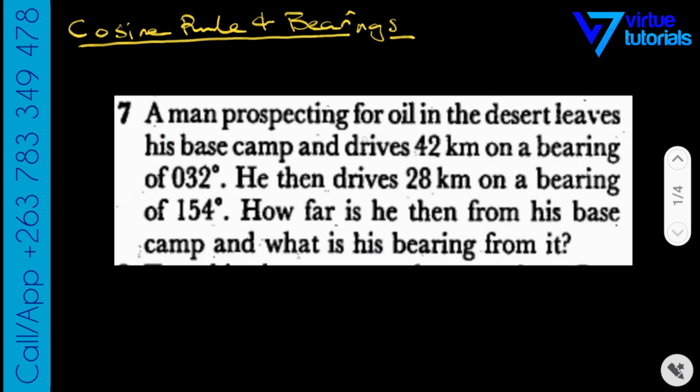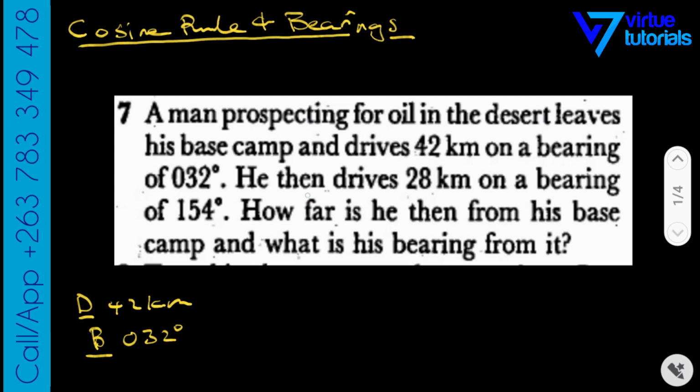A man prospecting for oil in the desert leaves his base camp and drives 42 kilometers on a bearing of 32 degrees. So 42 kilometers is the first distance, and the bearing there is 32 degrees.